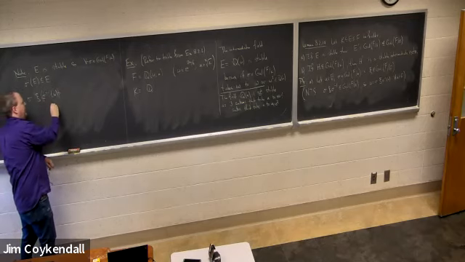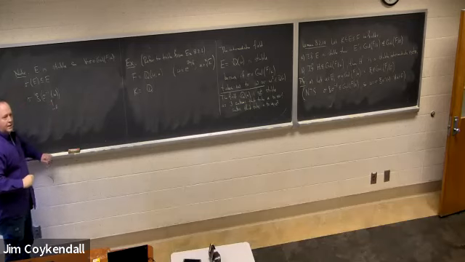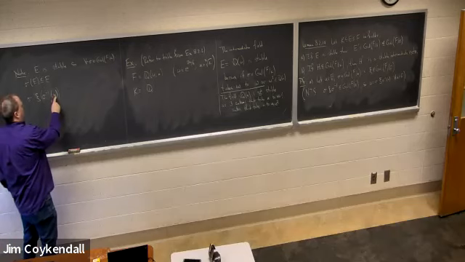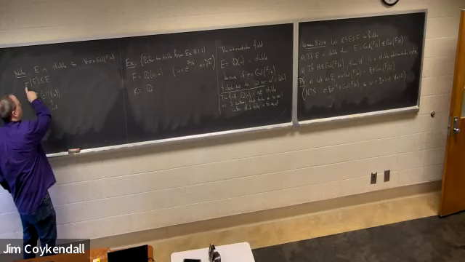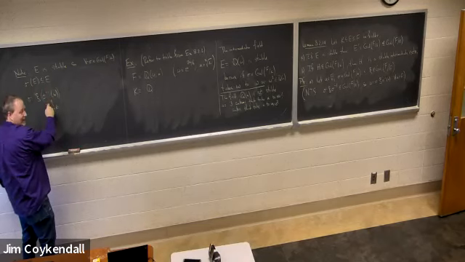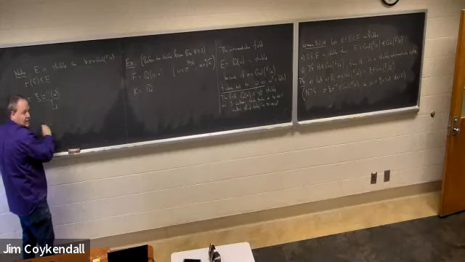So this piece is actually in E. Agree? Because U is in E, and when you apply any automorphism, it's still in E. I don't know what it is, I just know it's in E. Right?